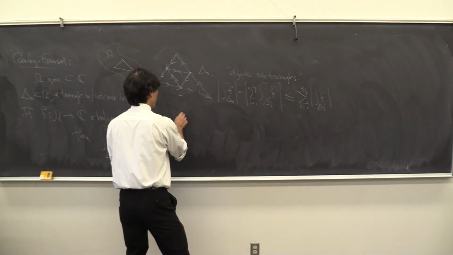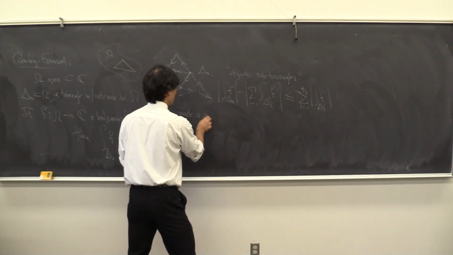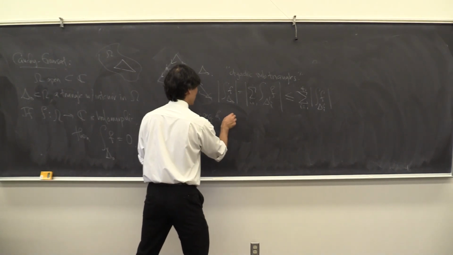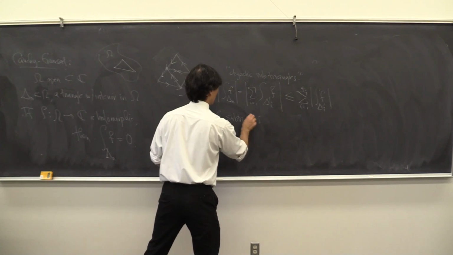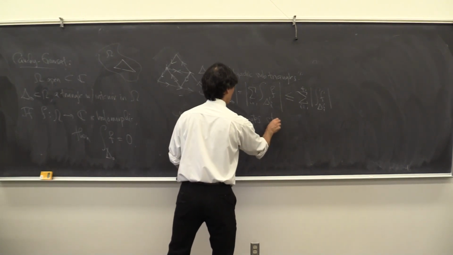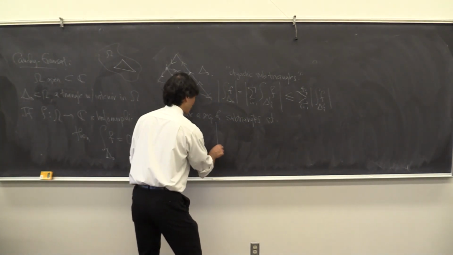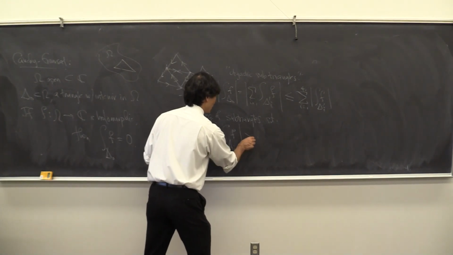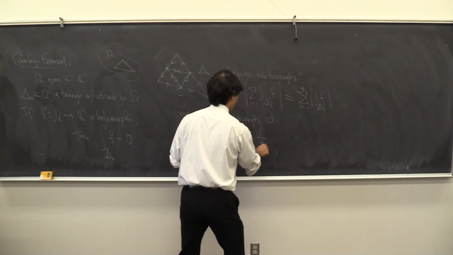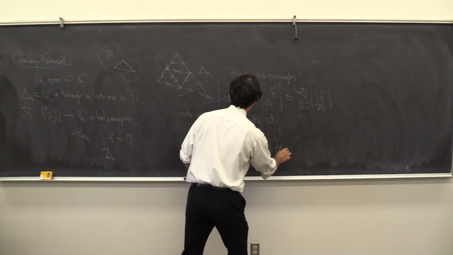Okay. So you create a sequence of subtriangles such that the integral over the next stage is bigger than a quarter of the previous stage.